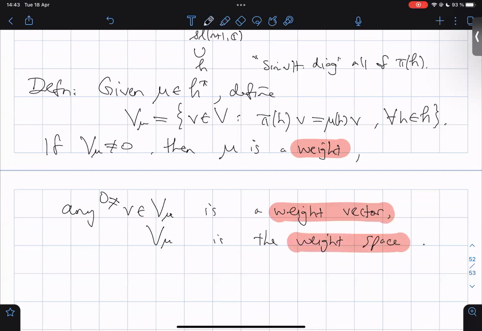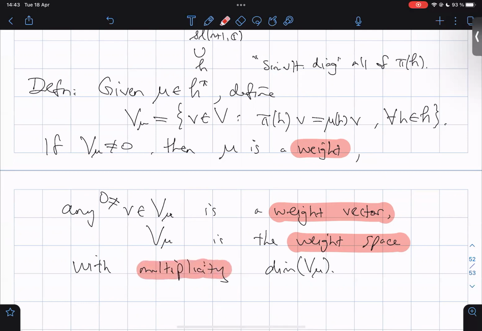So similar ideas as before. Rather, let's put in multiplicity, with multiplicity being the dimension. So this is multiplicity in the sense of geometric multiplicity, in the linear algebra sense.